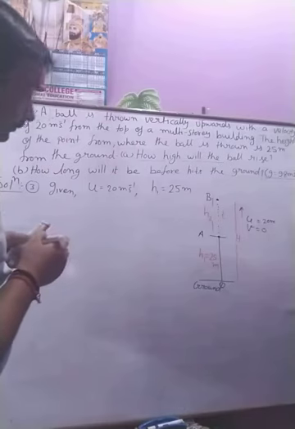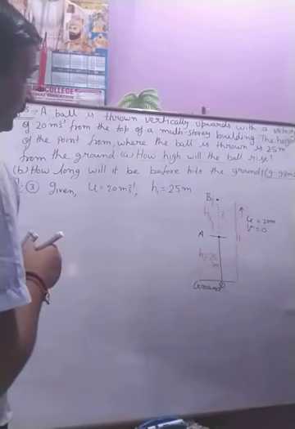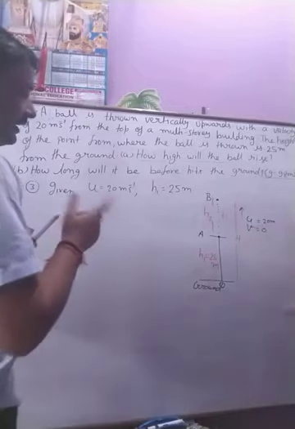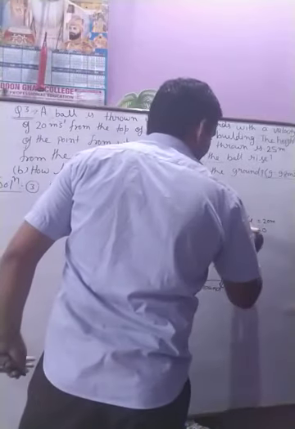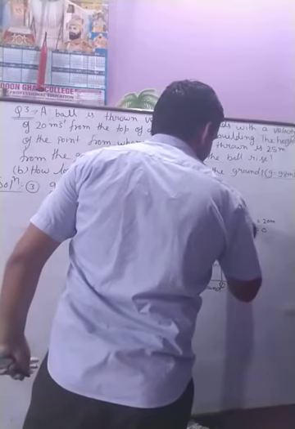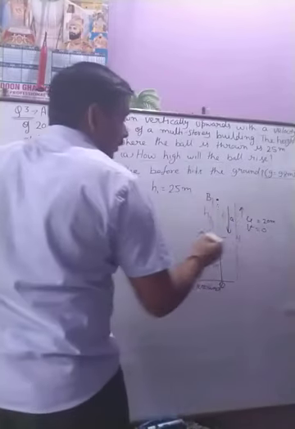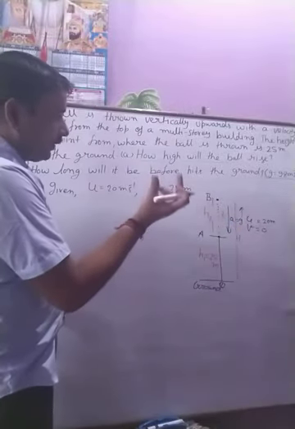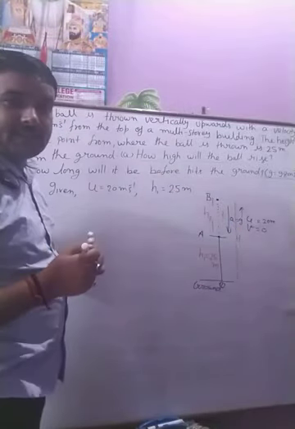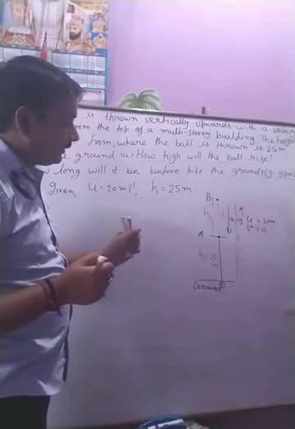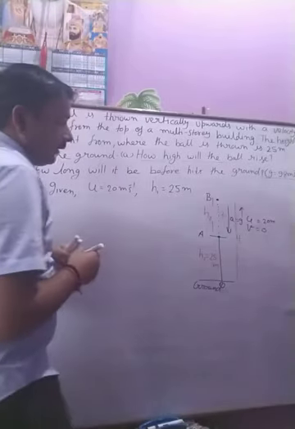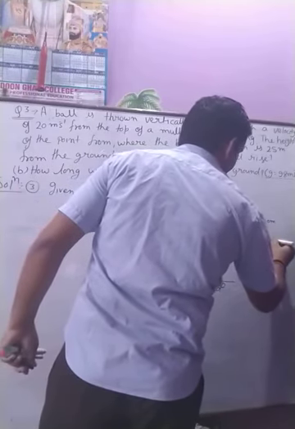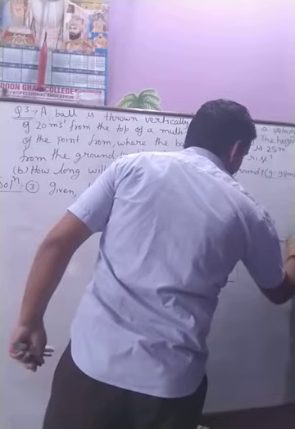Okay, and acceleration we have downward, which is equal to g. Whenever it's thrown vertically upward, the acceleration due to gravity works on it. So acceleration we use here minus 9.8 मीटर पर सेकेंड स्क्वायर.